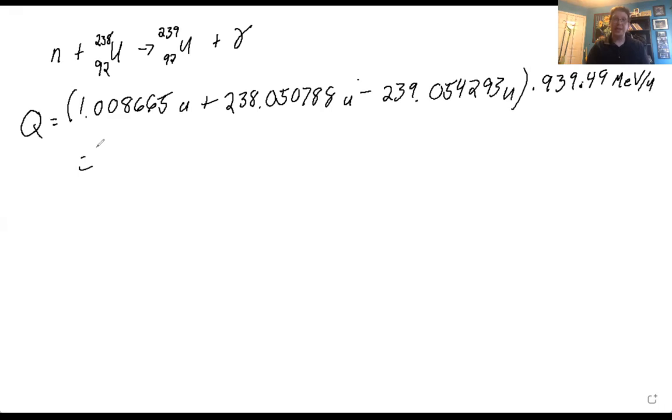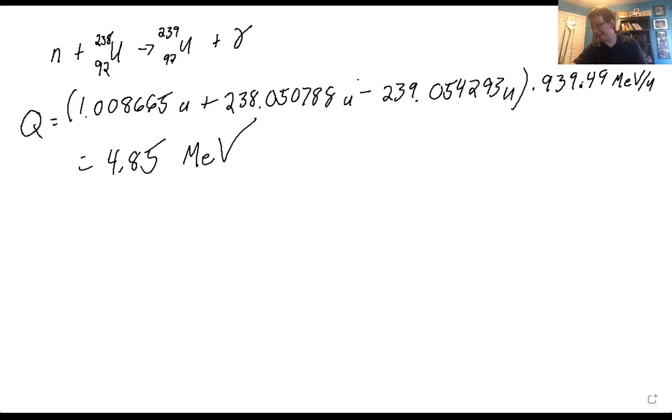You add the first two terms, and you get 4.85 mega electron volts.